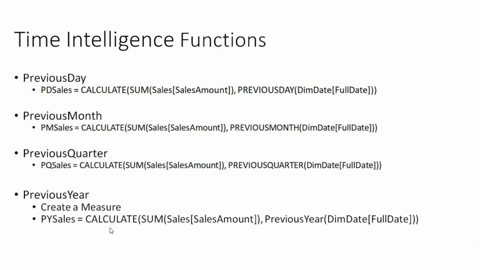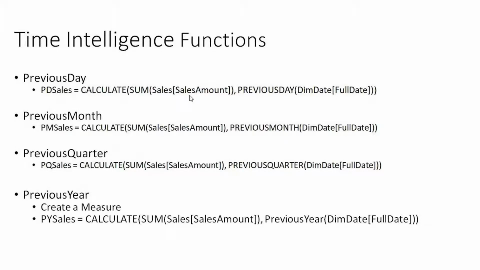Clear? So there is a function called previous year that I would like to get. Now current year sales you can get, but I wanted to get previous year sales also. I want to get current quarter sales. Along with many reports, people will ask you, I need previous quarter sales, current month sales, previous month sales, like that. Current day sales, previous day sales.